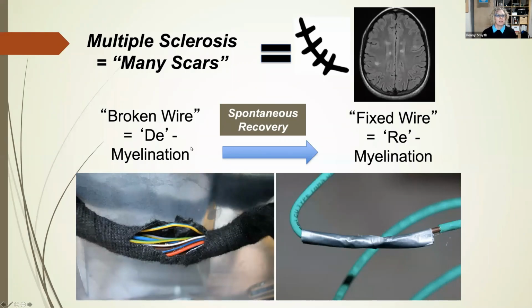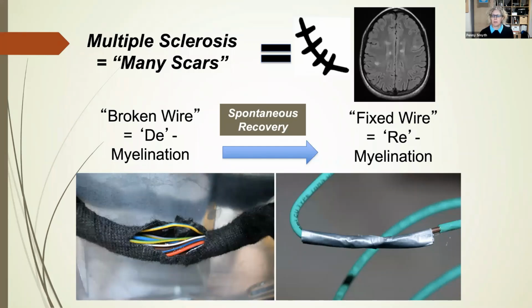We know that there's a broken wire where there's a breakdown of the nerves, and that's with the demyelination, the taking away of the myelin, that people undergo a spontaneous recovery to fixing that wire. That's why they recover from their clinical events. But that wire and that repair is not perfect. Kind of like that duct tape that goes around the wire. It works well in certain situations, but if the situation or environment is dicey, that duct tape might not hold on and work really well.